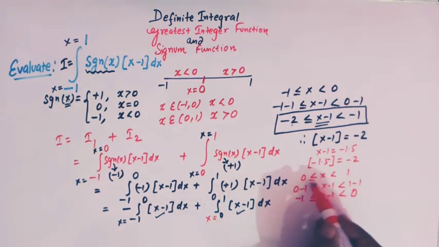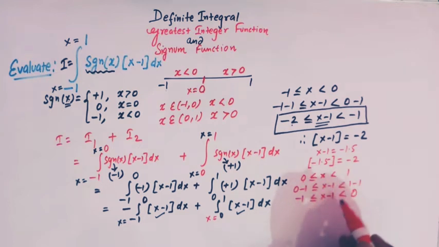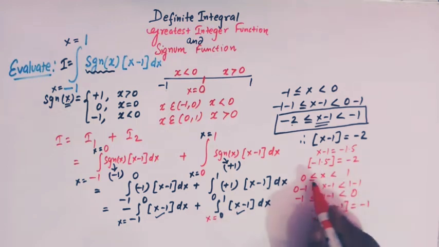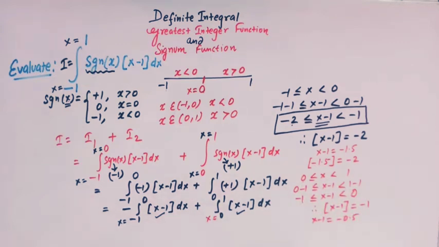So when x lies between 0 and 1, then x minus 1 lies between minus 1 and 0. So therefore the value of greatest integer x minus 1 is minus 1, right? Because x minus 1 lies between minus 1 and 0, so let us take minus 0.5. So the value of greatest integer minus 0.5 is minus 1, right?